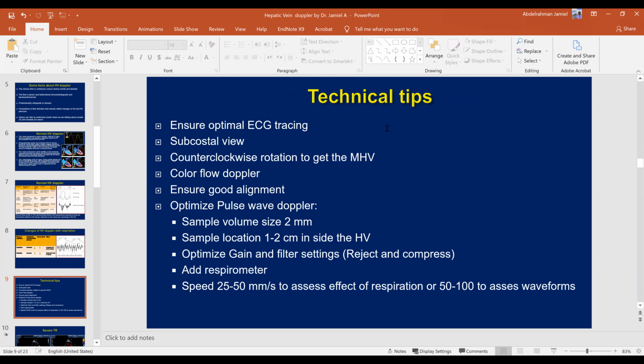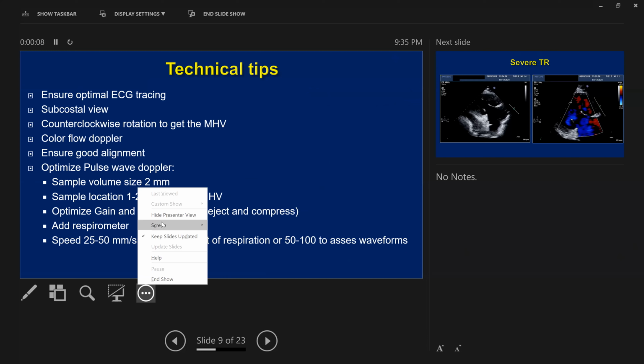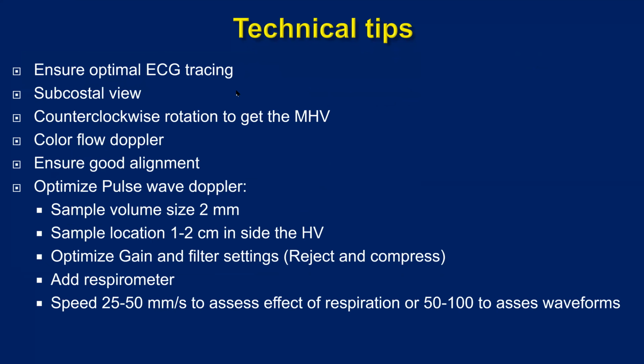There are some technical tips we need to be aware of. In order to get a good Doppler, first of all, we need to ensure optimal ECG tracing. Otherwise, we will not know which wave is systole or diastole. So we have to get it.